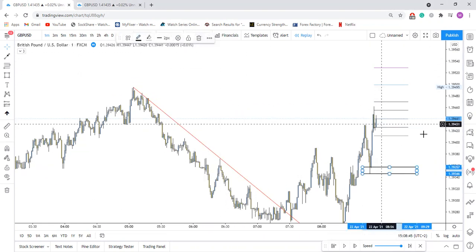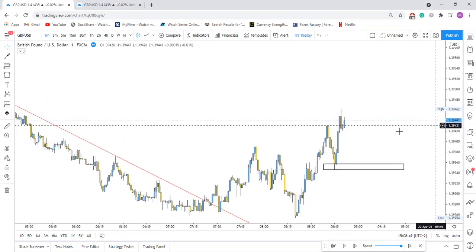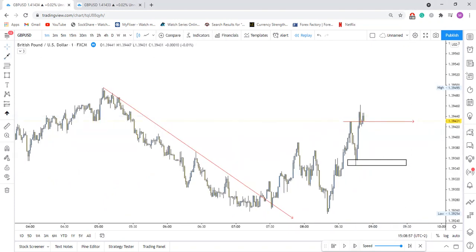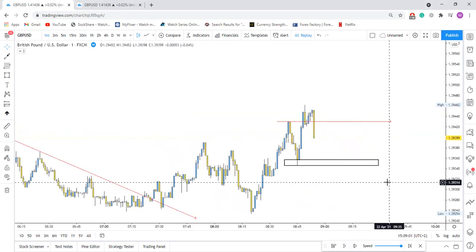Okay, delete these. So we do know that this is still the break and retest level. Okay, next two is in profit. This one takes you out.